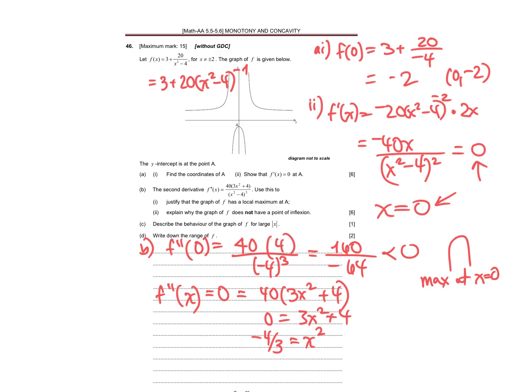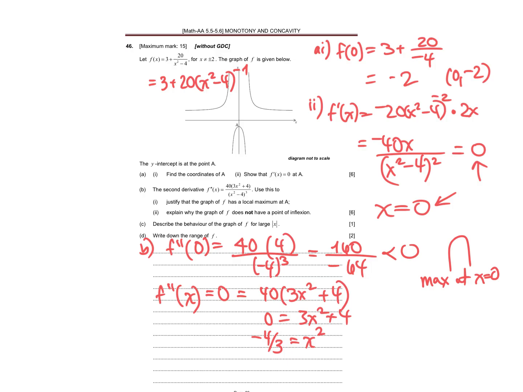Describe the behavior of the graph of f for large absolute values of x. Well, it's going to go to the horizontal asymptote 3.